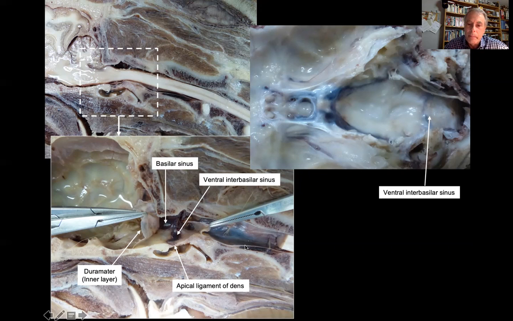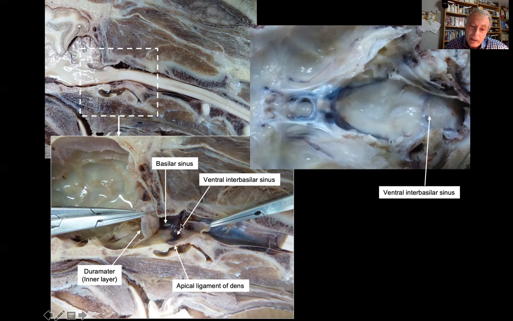Remember that the plexus venosus vertebralis internus ventralis is a paired structure, one on the left and one on the right. It's a big vein without valves and muscular coat. And this plexus extends rostrally and leaves, in this case, the cranial cavity, forming what is known as the basilar sinus.